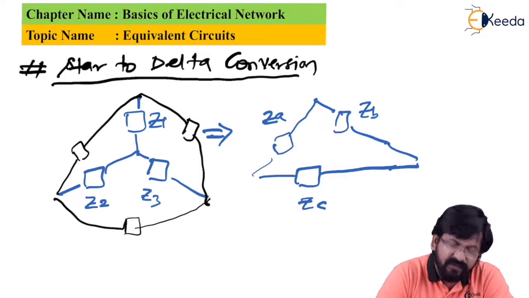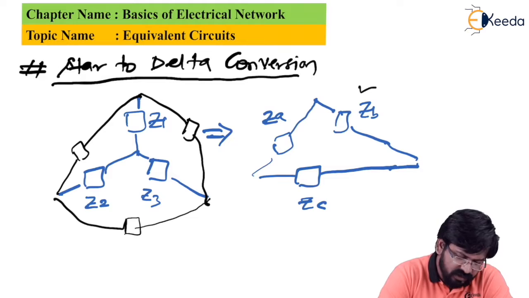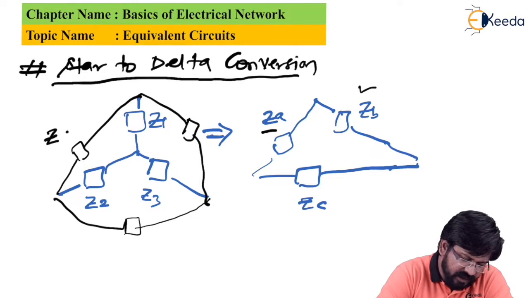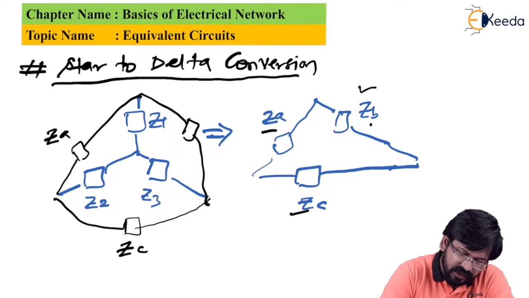I have taken this delta and superimposed it on this star network. That's the reason why ZA appears here, ZC appears here, ZB appears here.